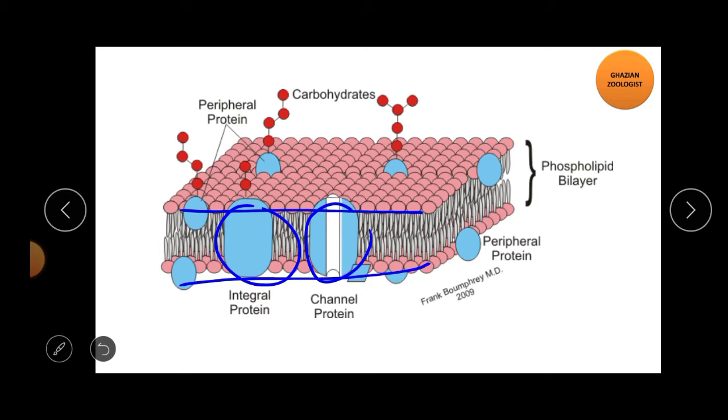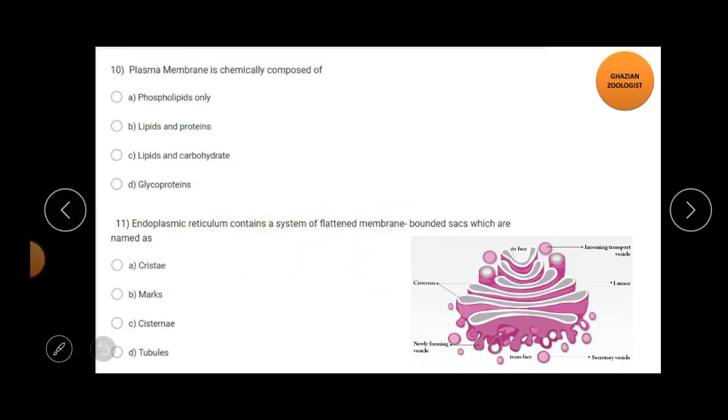This is our simple definition, and it is what we want to discuss in our MCQs. We have no relation with carbohydrates, although they are also present to some extent, working as regulatory substances, but our main option is lipids and proteins.